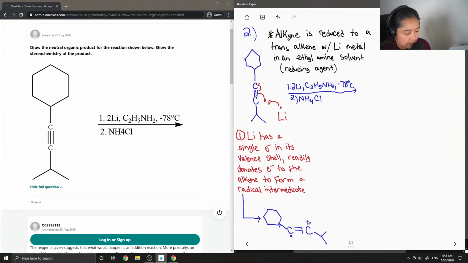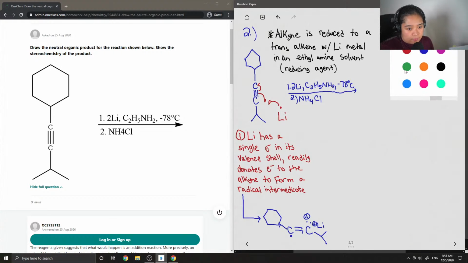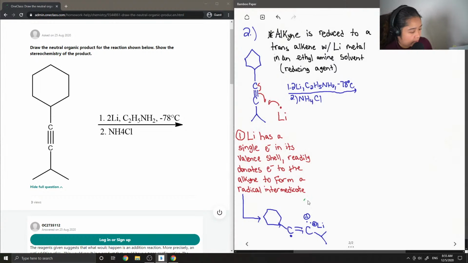And we have a negatively charged carbon that is stabilized with the lithium right now. And then I'll just draw our ethylamine up here.